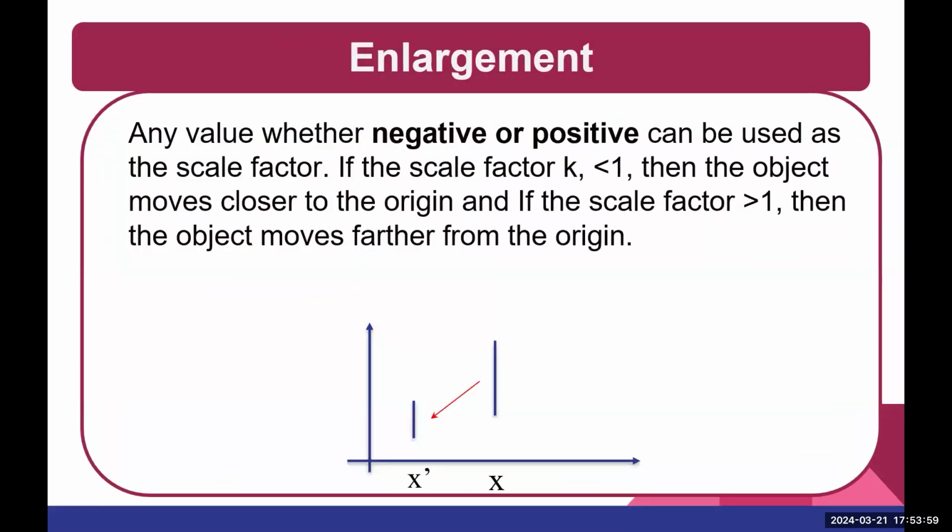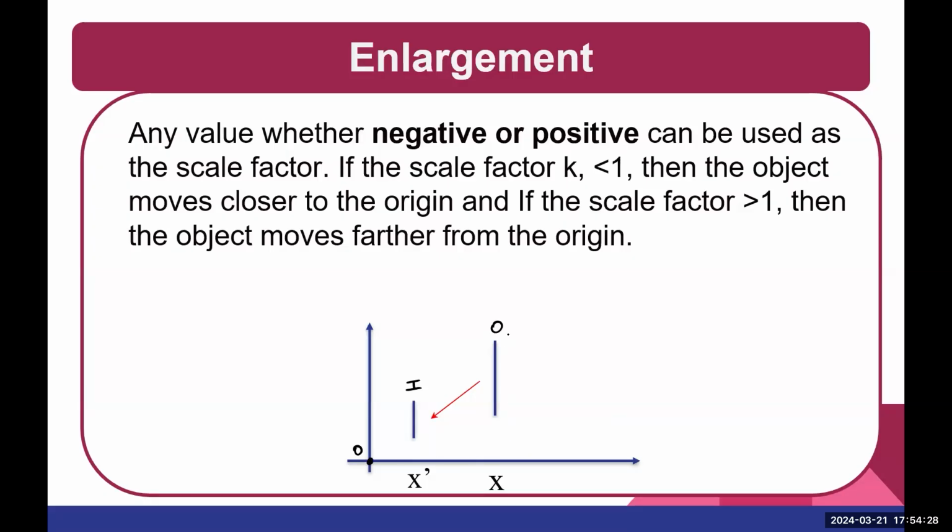Now, any value, whether negative or positive, can be used as a scale factor. If the scale factor k is less than 1, then the object moves closer to the origin. If the scale factor is greater than 1, then the object moves farther from the origin. As you can see here, x represents our object, x prime represents the image, and this is our origin point.